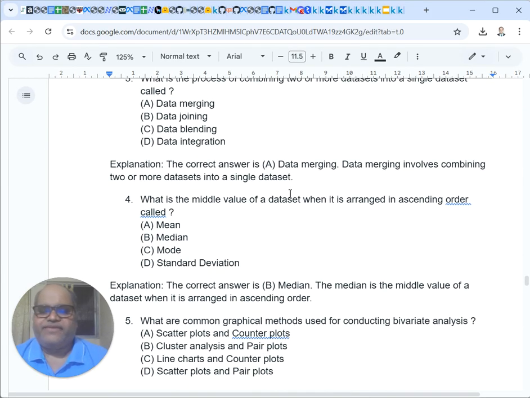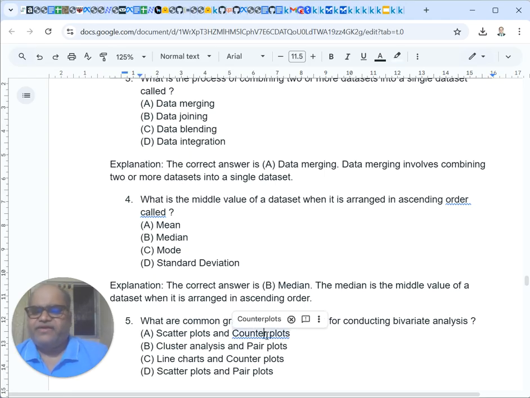What are common graphical methods used for conducting bivariate analysis, right? So a scatter plot and contour plot, a scatter plot and pair plot. I think counter is a bit wrong here. This should be contour plots.